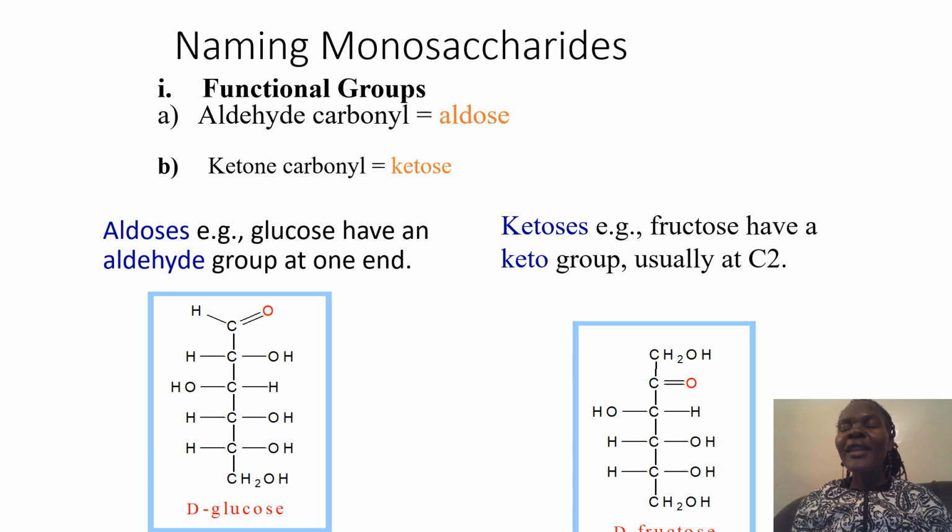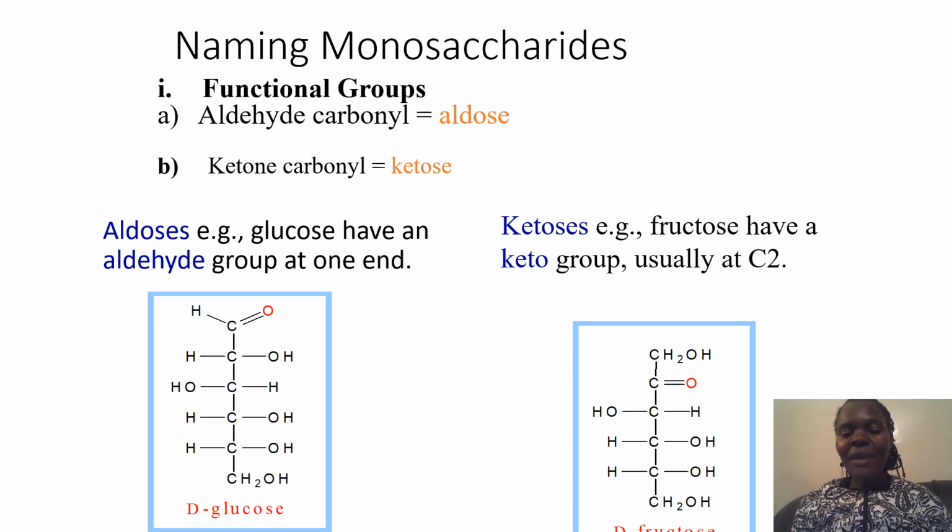So classification or naming of those monosaccharides is based on the two criteria, the functional group or the number of carbon atoms. For the functional group, the monosaccharide is either an aldose with an aldehyde group at carbon atom number 1 or a ketose with a keto group at carbon atom number 2.